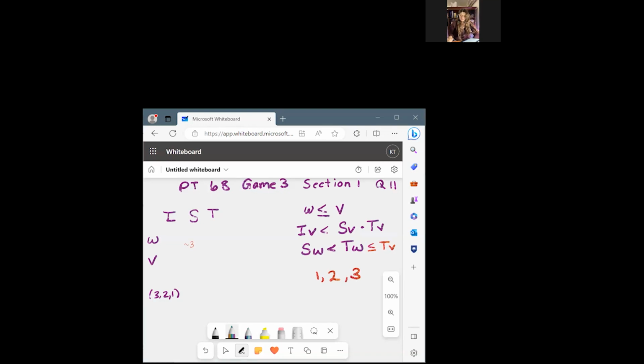Okay, so let's make some similar deductions. What are some other things that we know similarly, looking at the rules in the same way? Do we know anything about TW?